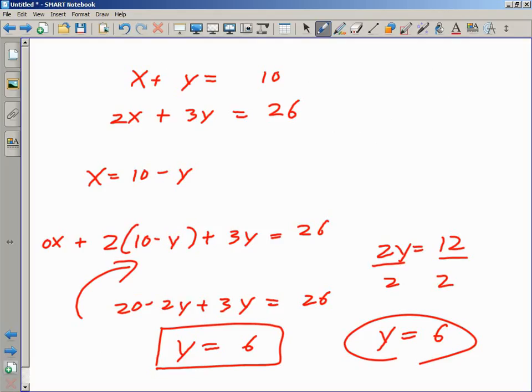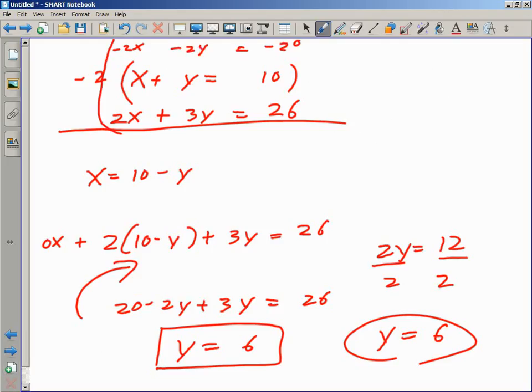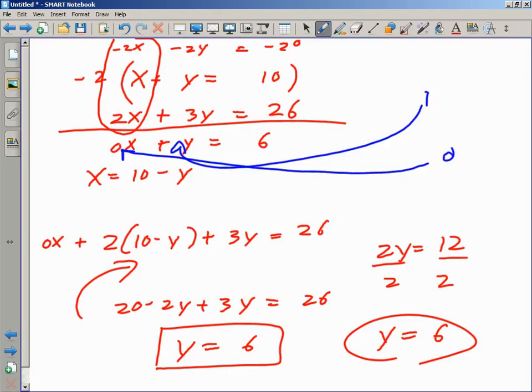Even if we were to do it the other way, where we multiplied this guy times negative 2, negative 2x minus 2y equals negative 20, what I'm really trying to do is get 0x plus y is equal to 6. So ultimately, I'm trying to get a 0 in front of this guy and a 1 in front of this guy. Do you see, in reality, that's what you're really trying to do? That makes sense?